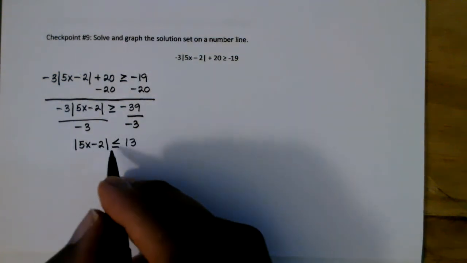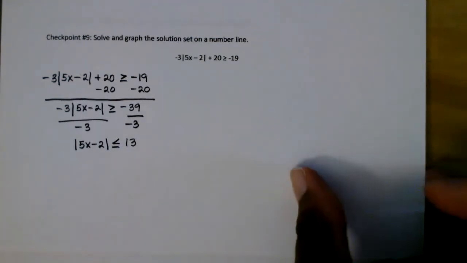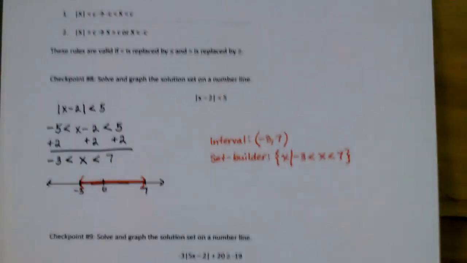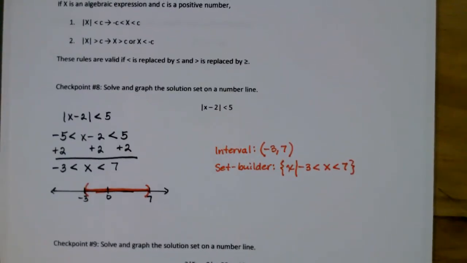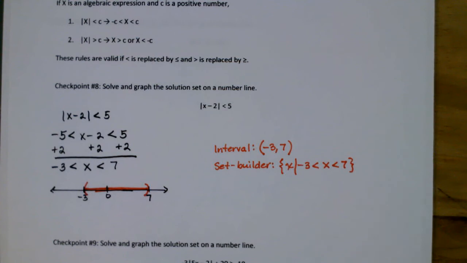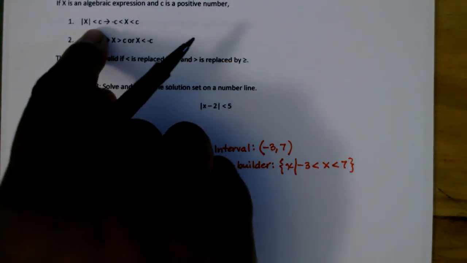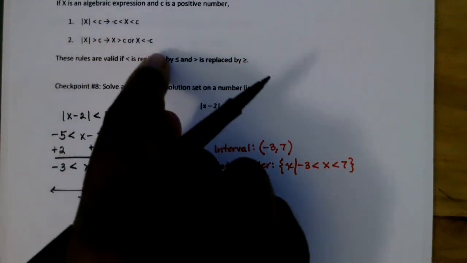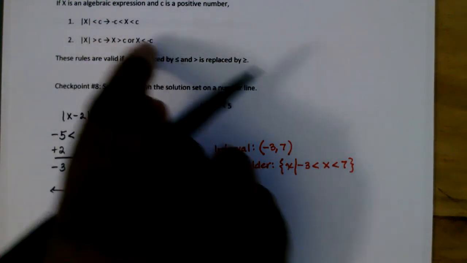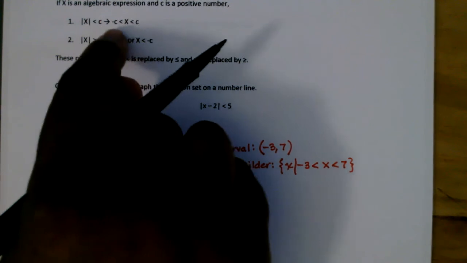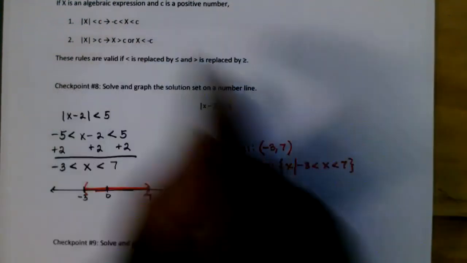Now I need to look at my inequality symbol and determine which one of these two cases I'm going to need to use here, either the first or the second. Well, since I get less than or equal to, I have to use the first case, because that case also applies for less than or equal to. So I have to write this as a compound inequality in this format.